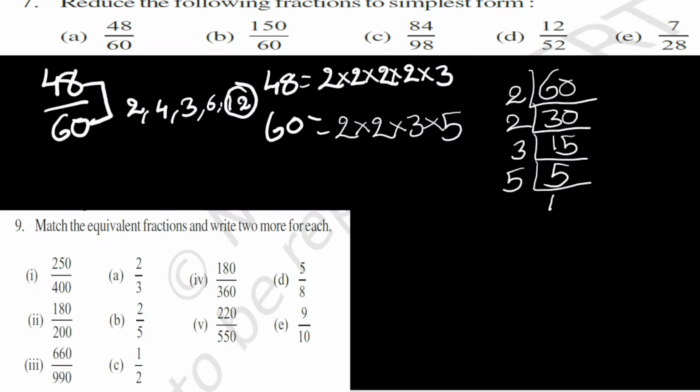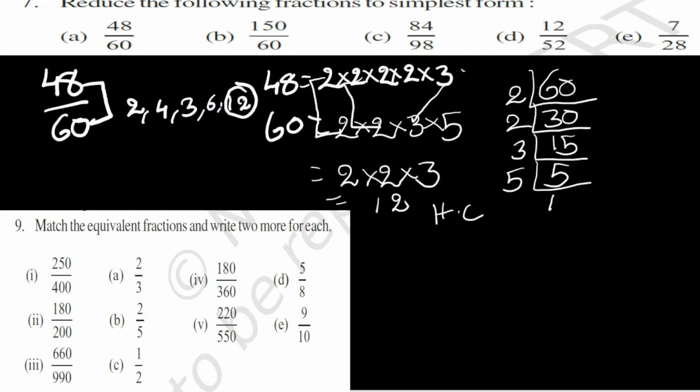Let's take the common numbers from both. 2 is in both, one more 2 is in both, and 3 is in both. So the common numbers are 2 into 2 into 3. The other 2 is not in 60 and the 5 is not in 48. So the common part is 2 into 2 into 3, which is 12. So the HCF is 12.